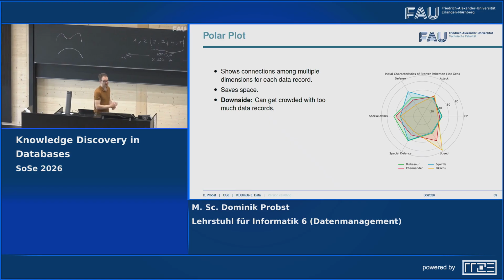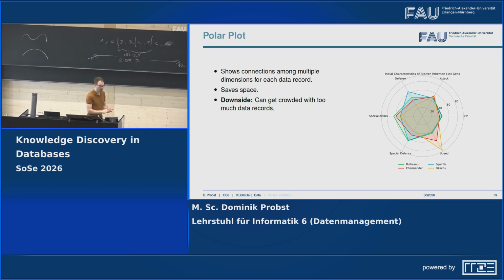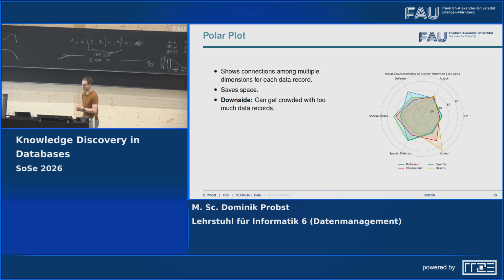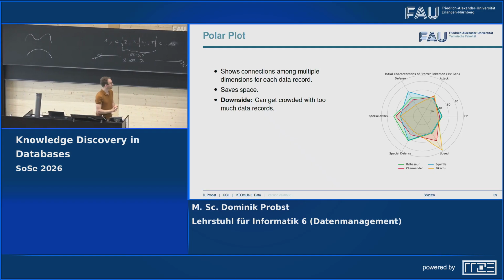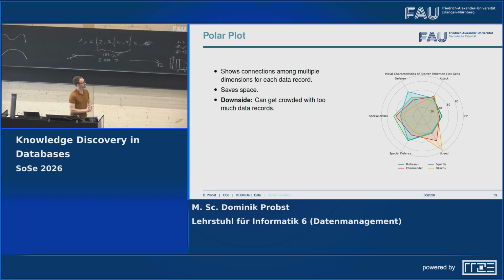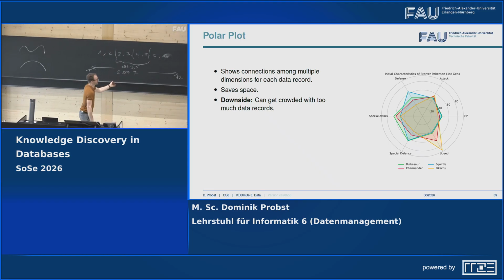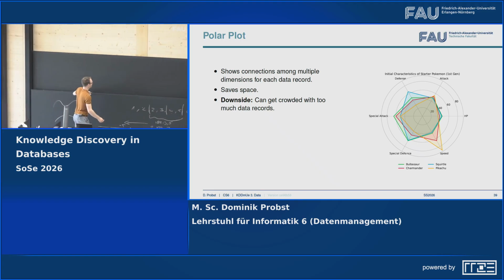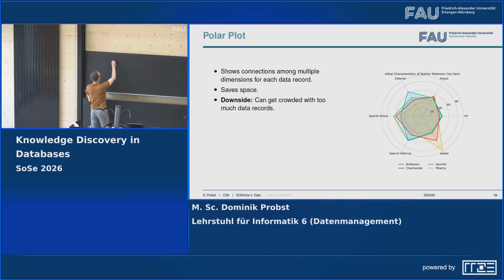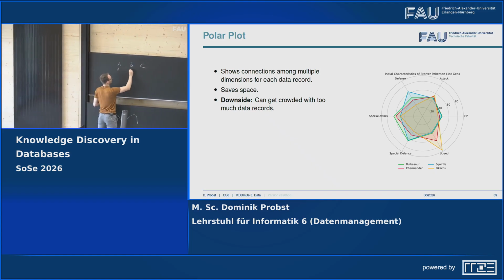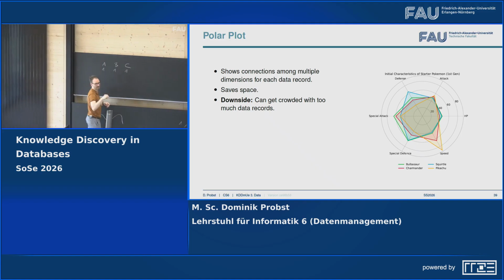Polar plots are also useful to compare different dimensions of a data set, and they are especially good if we have multi-dimensions. A polar plot again uses, for example, the dimensions A, B, C, with values 1, 1, 1, whatever.